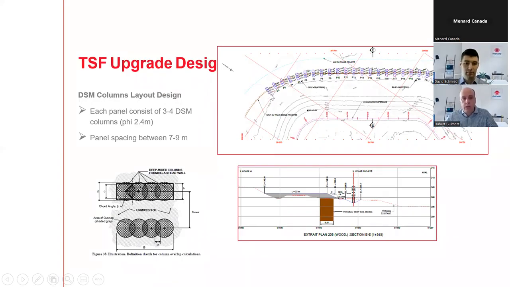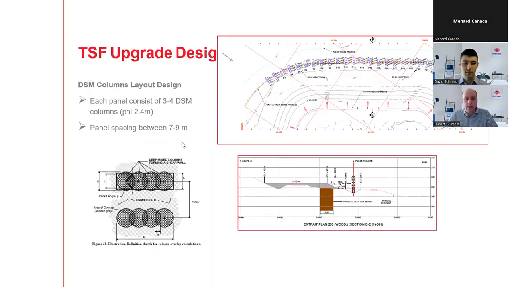Here we were using 8-foot, or 2.4 meter diameter, secant columns, and we were building that type of geometry that you can see at the toe. We treated close to 2 kilometers of tailings dam using that geometry. The spacing between the panels was between 7 and 9 meters.